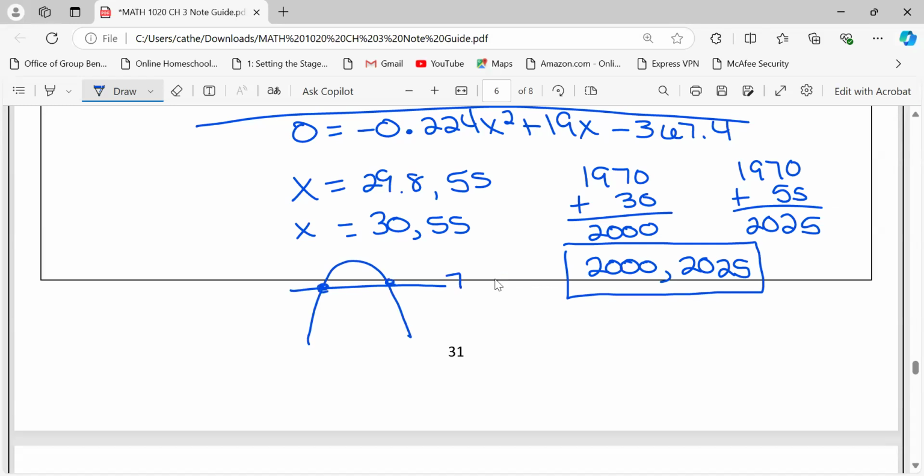So 737.1 million in the year 2000 and in the year 2025. So that's why you have two answers, because population is going to peak and then it's going to start decreasing. And that is it for section 3.2.